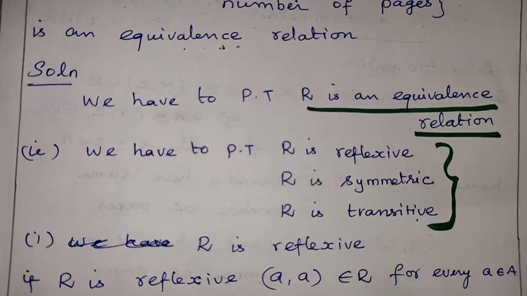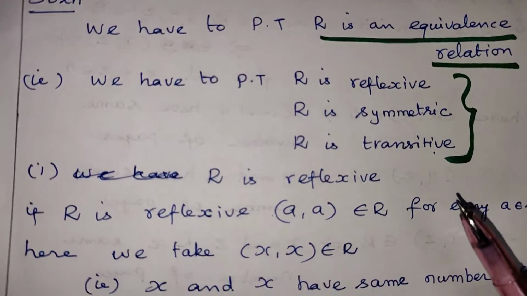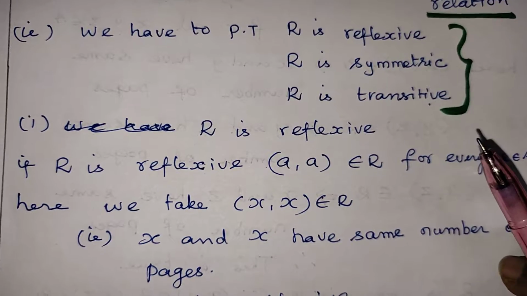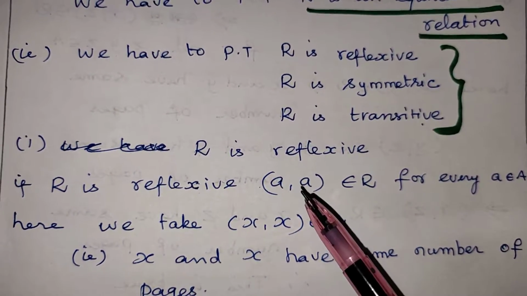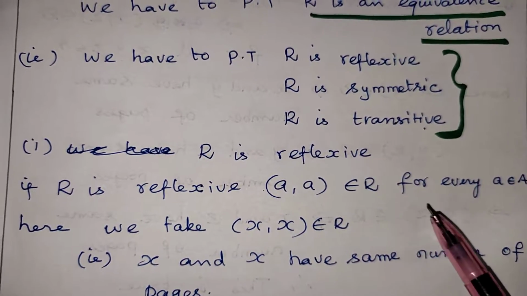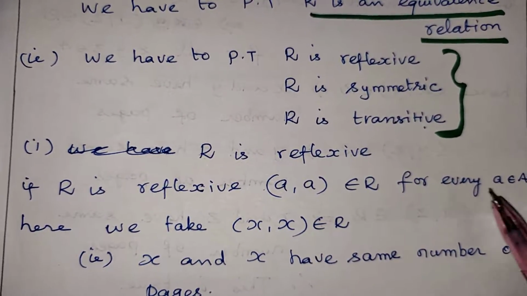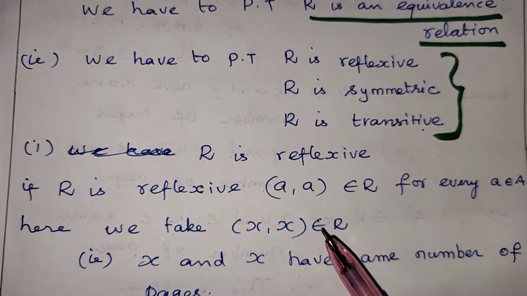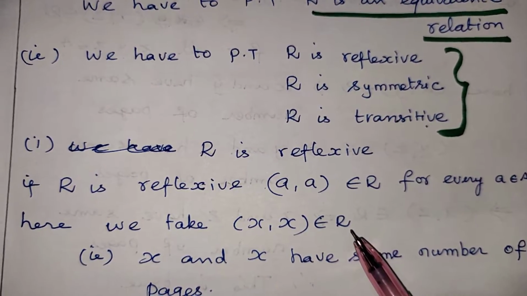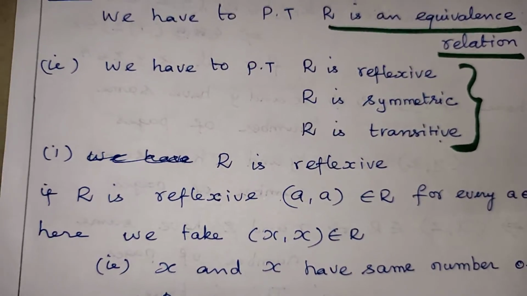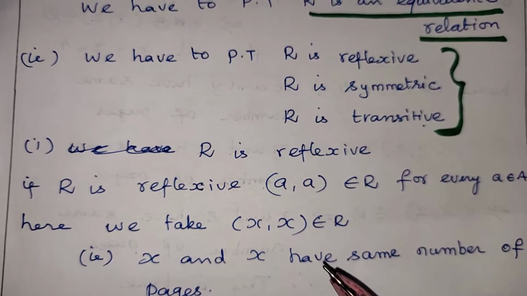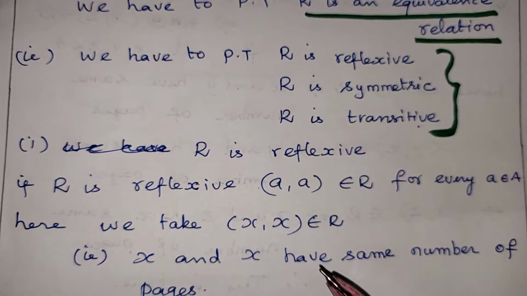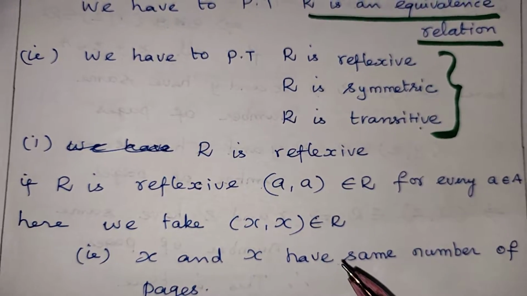First of all, we have to prove that R is reflexive. If R is reflexive, we know that the condition (a, a) belongs to R for every a belongs to A. Here we take (x, x) belongs to R. Here x is one book, having some 50 or 60 number of pages.